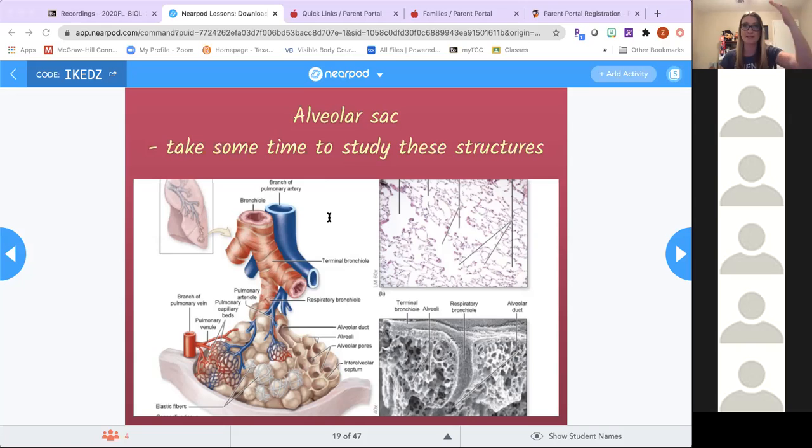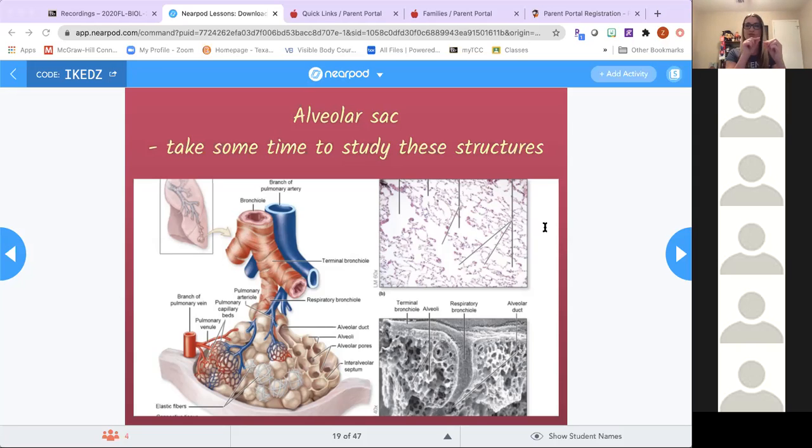The terminal bronchiole is the last part of the conducting zone. The respiratory bronchiole is the first part of the respiratory zone. Okay, so do not put respiratory bronchiole into the conducting zone. If it says respiratory, it's part of the respiratory zone.